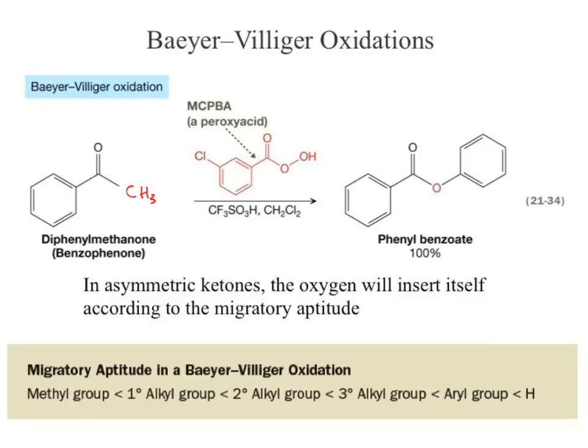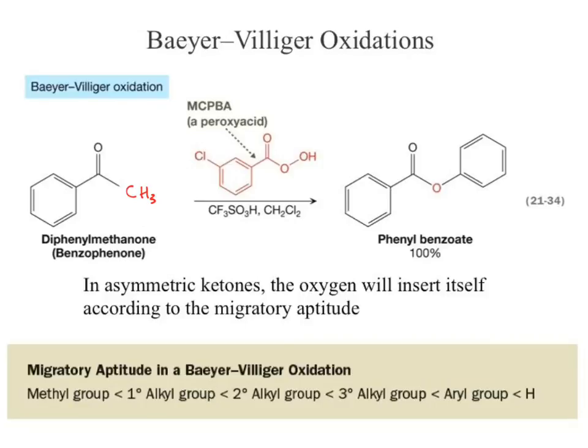If we now make that a CH3, that compound is an asymmetric ketone. Asymmetric meaning because on one side we have a phenyl ring, the other side it's CH3, so it's not symmetric through the carbonyl. In asymmetric ketones, the oxygen will insert itself according to something known as the migratory aptitude.